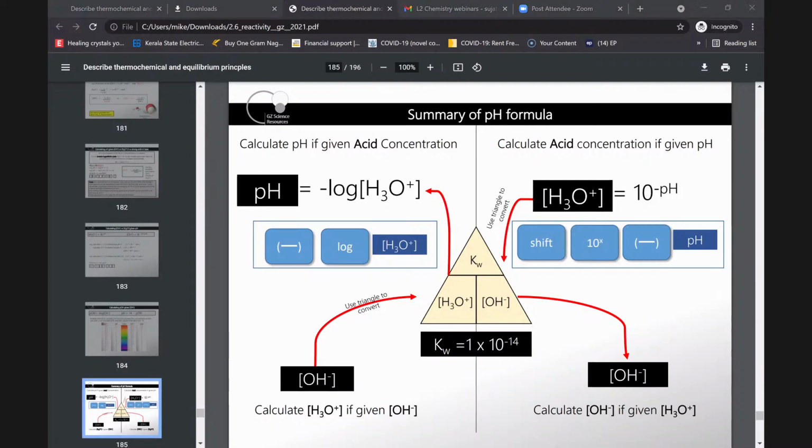I'll tell you just a moment. Give me a second, I'll show you the slide. So, no, not the slide. Just give me a second.